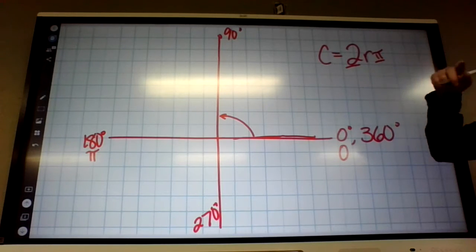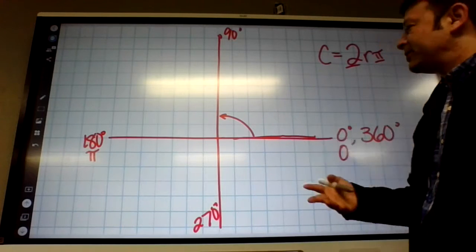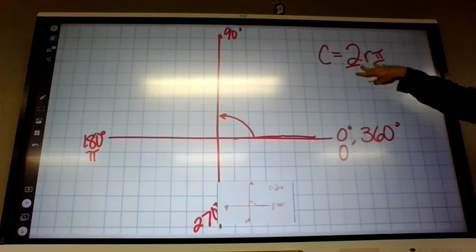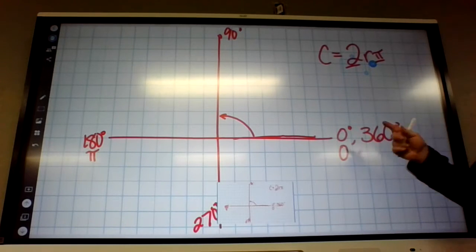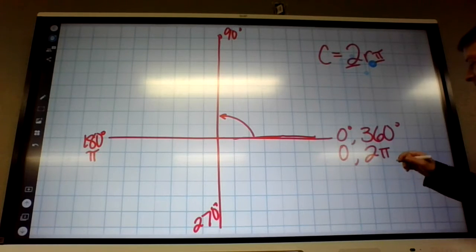I think they made this up to help with the arc length formula, because arc length is kind of like circumference. So they took the 2 and the pi out and said that'll be radians. So a full circle is 2 pi radians.